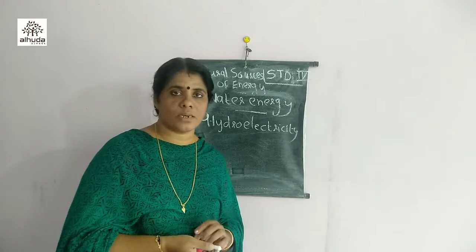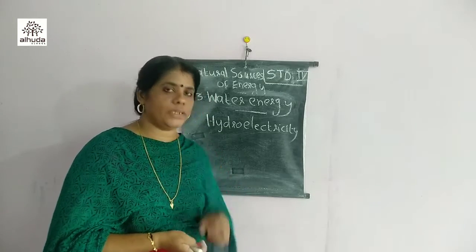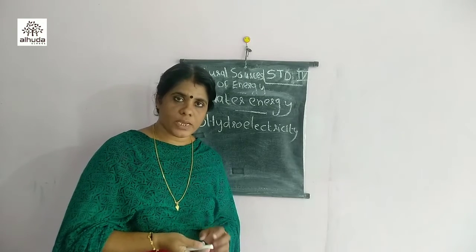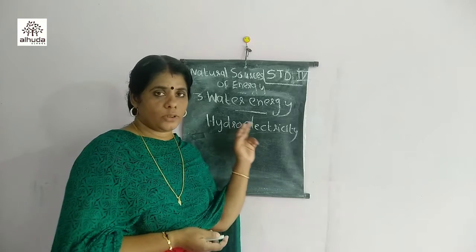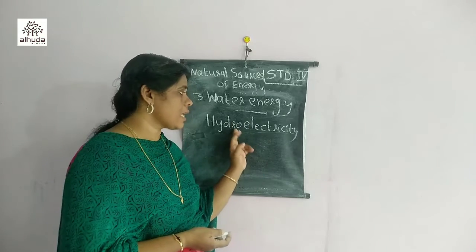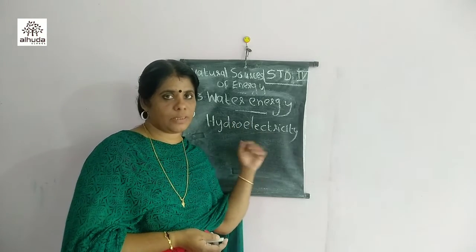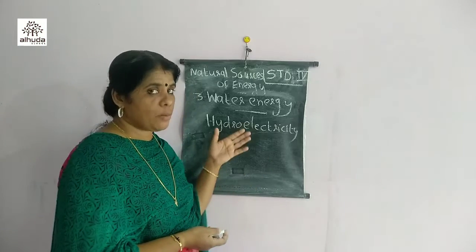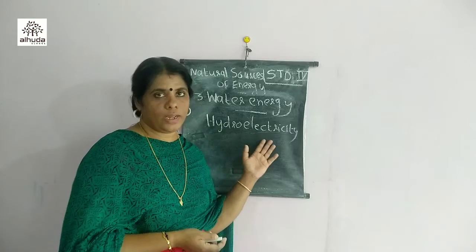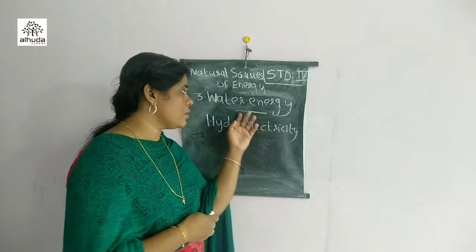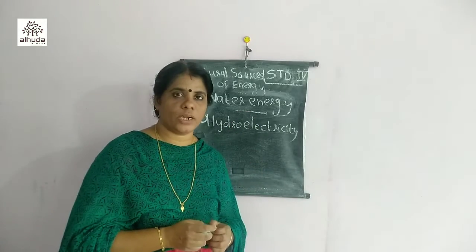Have you seen dams? In dams, they are producing electricity. That type of electricity produced through running water we call hydroelectricity. From the running water's energy we are producing electricity. So that is also another type of natural energy.